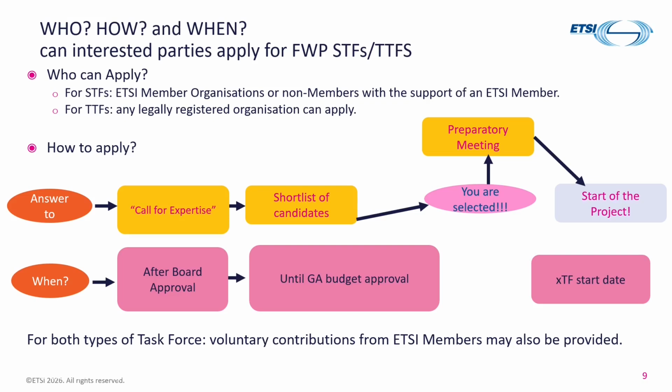During this phase, the STF or TTF leader is appointed by the ETSI Director General in consultation with the relevant reference body chair. This process continues through to the General Assembly budget approval in November or December.